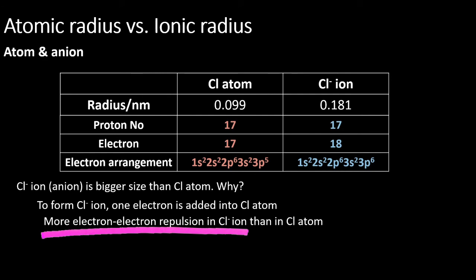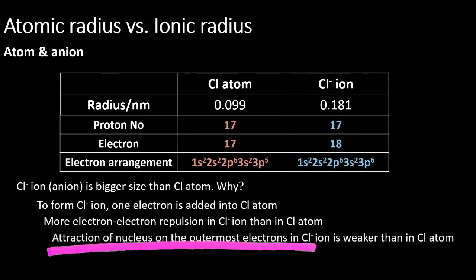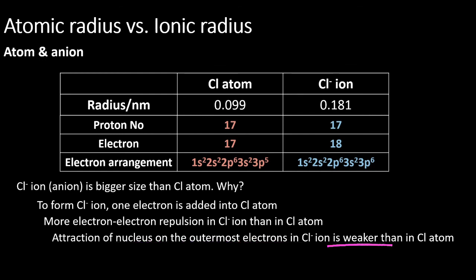This increase in electron-electron repulsions in chloride ion causes the attractions of the nucleus on the outermost shell's electrons in chloride ion to become weaker than in the chlorine atom. As the attractions become weaker, it is expected for the chloride ion to have bigger size than chlorine atom.